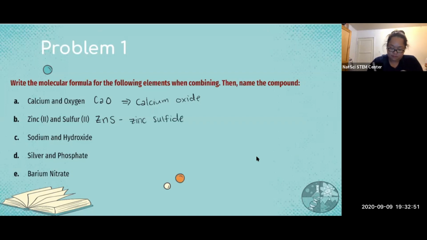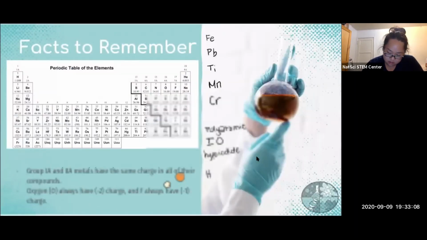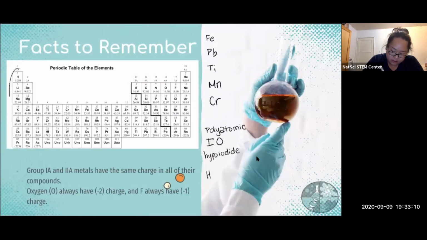Next one, you can just walk me through. Sodium has +2 charge, so it's Na. OH, hydroxide, has a -1 charge, so it's OH in parentheses, and then 2. So sodium should be 1 charge, I think, right? Yeah, sodium is in the first periodic table column.